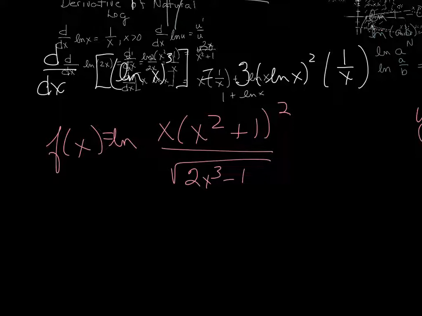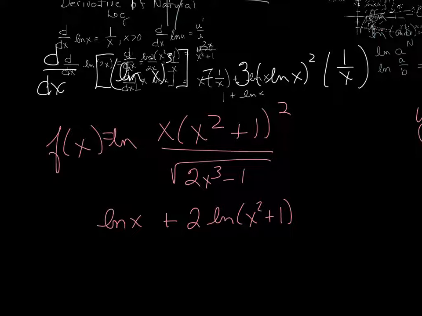That one doesn't look as friendly as some that we've seen, but I think that we can rewrite it so that it will be easier to work with. Multiplication means I do what with logarithms? If I've got factors multiplied together, we add. So you can have the natural log of x plus twice the natural log of x squared plus 1. Now what do we do when we divide?